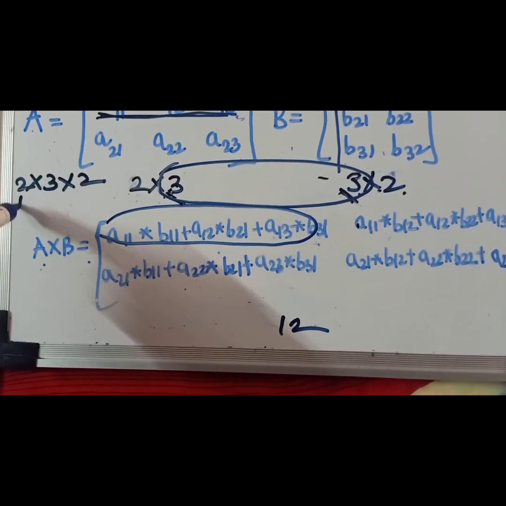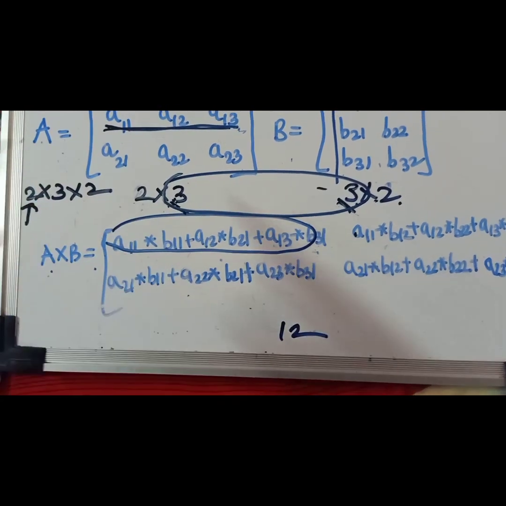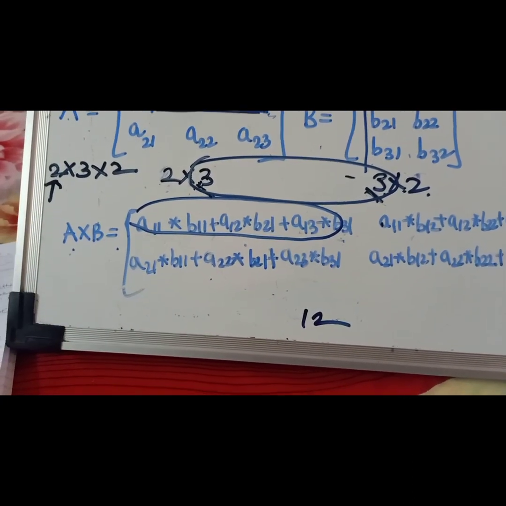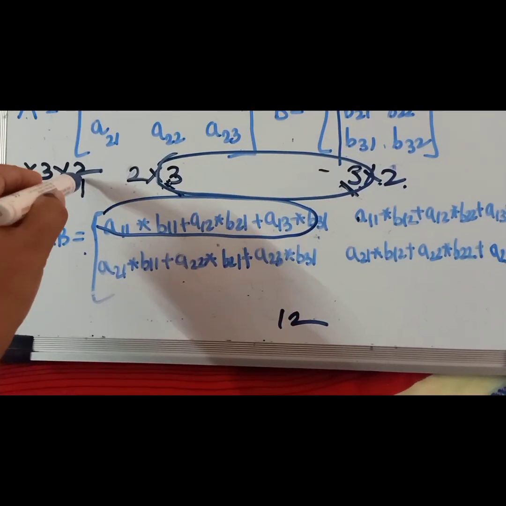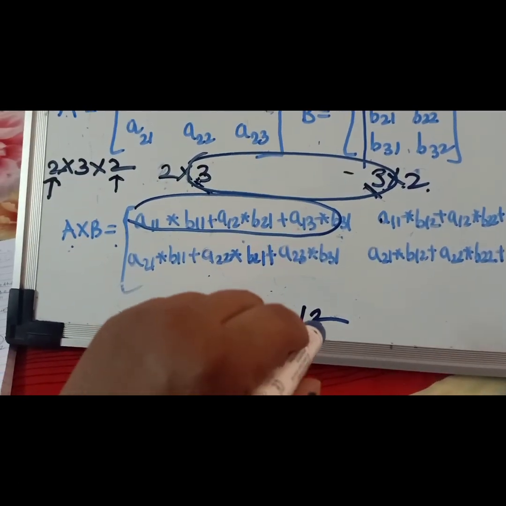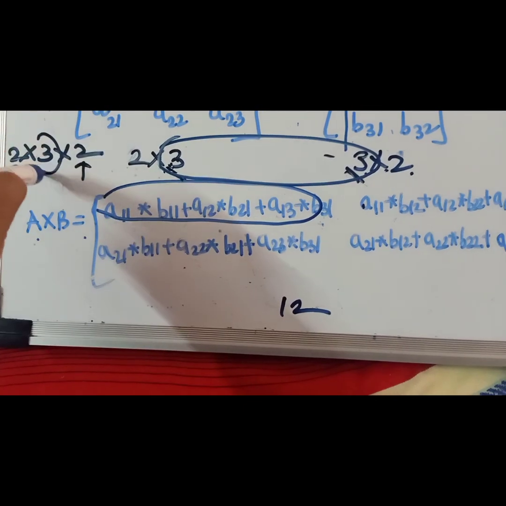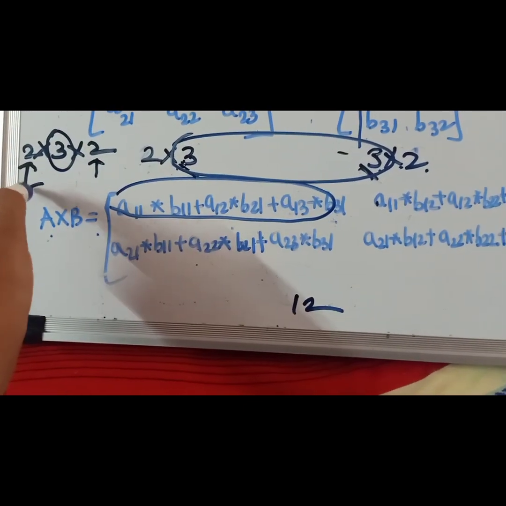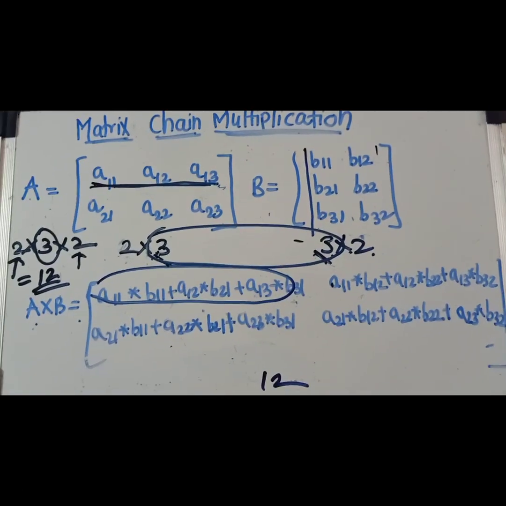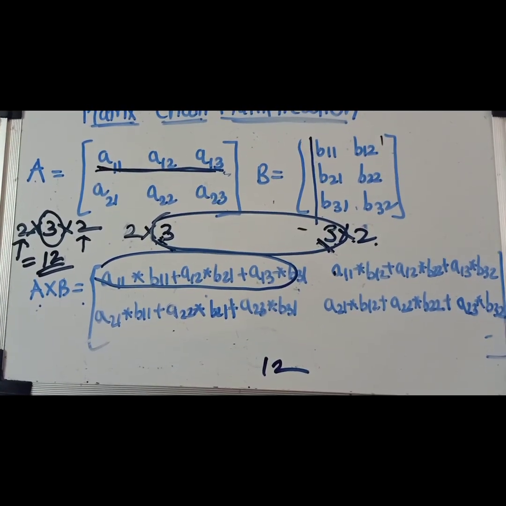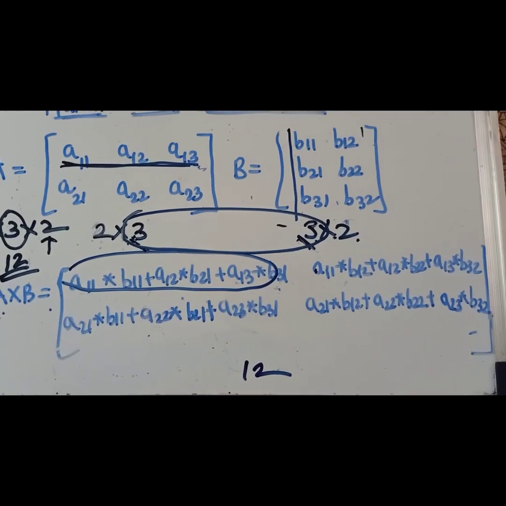This 2 is the number of rows in the first matrix, this 2 is the number of columns in the second matrix, and this 3 is the common value. If you multiply it, you get 12. So we require a total of 12 multiplications here.